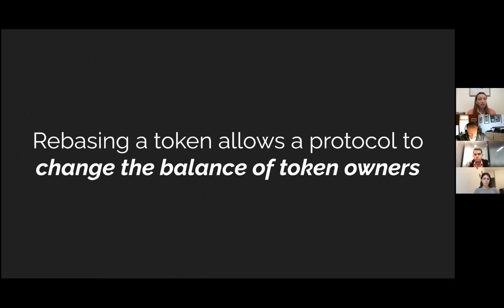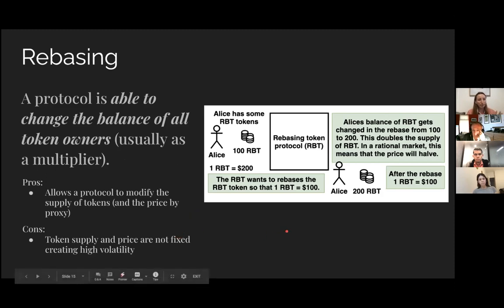So the next major topic that's gotten a bit more popular recently is rebasing tokens. A rebasing token is a token that allows the protocol, so the team behind it, to change the balance of token owners. So this is a bit of a weird concept as well, right?